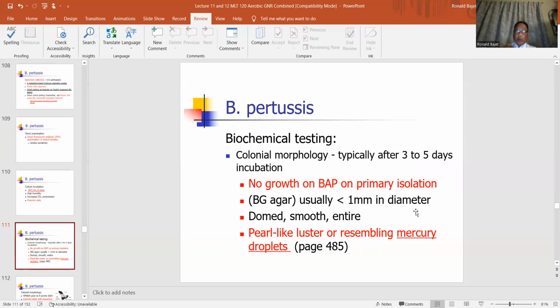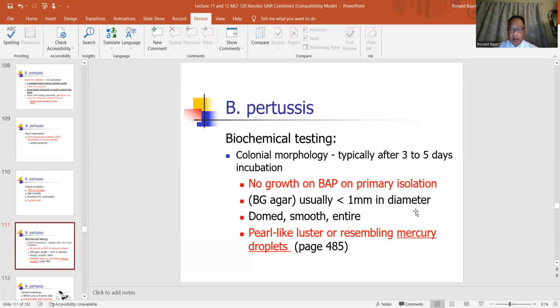Okay, so Bordetella colony morphologies. You've had different colony morphologies already, like fish scales and railroad tracks. This one, Bordetella pertussis, has mercury droplets, a pearl-like luster resembling mercury droplets, and this is on the BG agar, not blood, because it doesn't grow on blood.